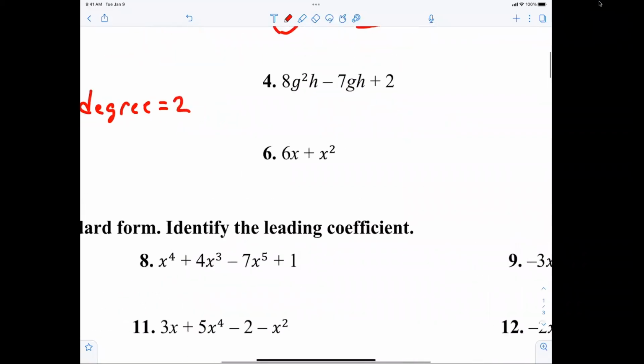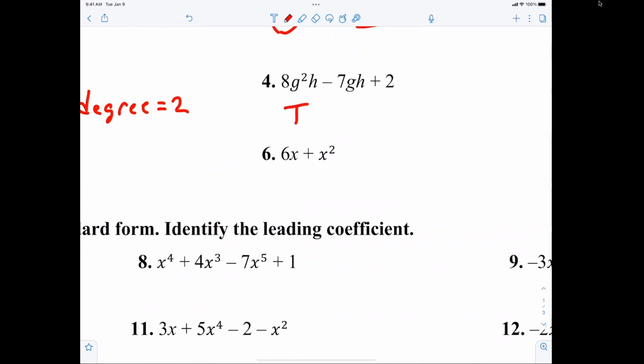So number 4, what is this called? Come on, trinomial. And as soon as you don't know something, you just tell me. That's called a trinomial, and the degree is what? Somebody who's paying attention, tell me. The degree is 3.